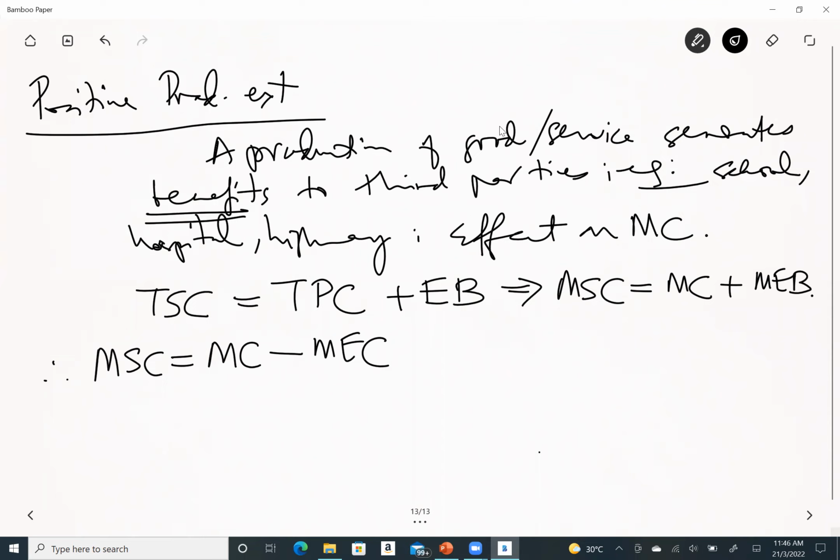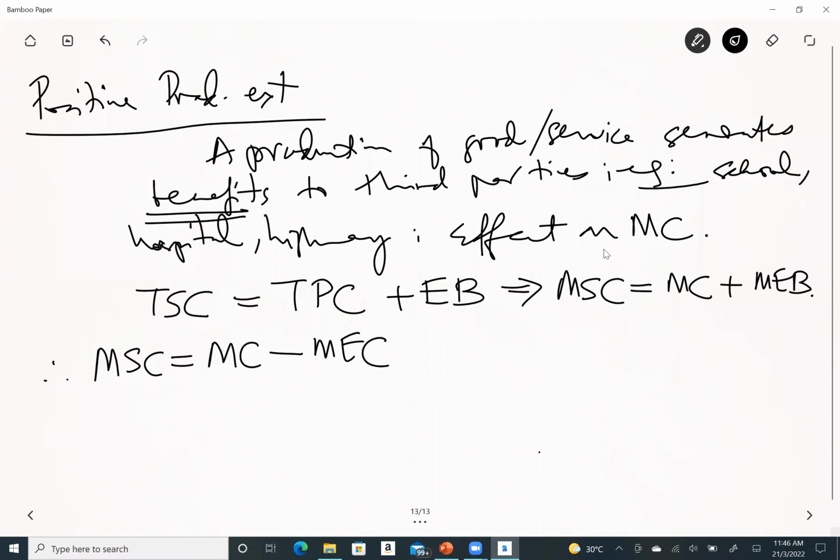Anybody got it? How do they relate? Shift to the left, the marginal cost? Shift to the left or shift to the right? Left. What do you mean left? Are you going up or going down? Down, going down. Down is not left. Down is right. So it's the opposite of negative production externality.